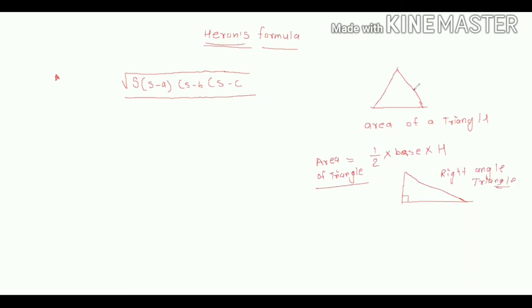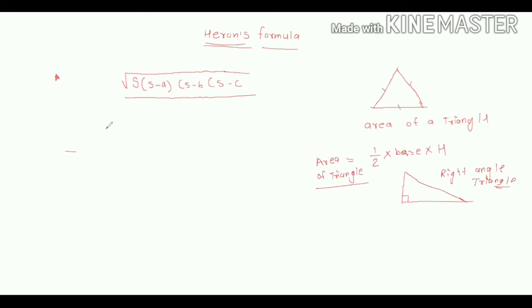Whenever we come across other types of triangles, for example an equilateral triangle, or any triangle, we have to use Heron's formula for such triangles.